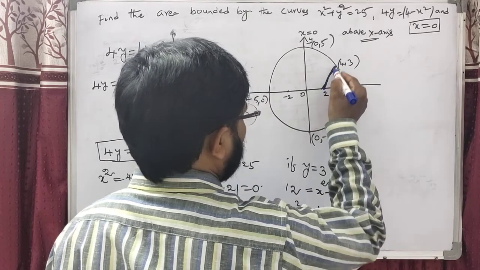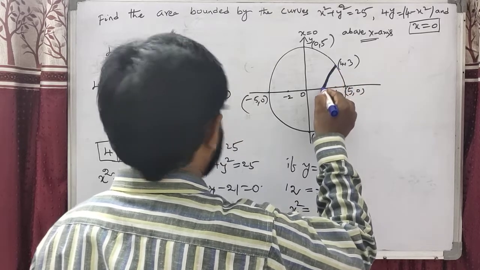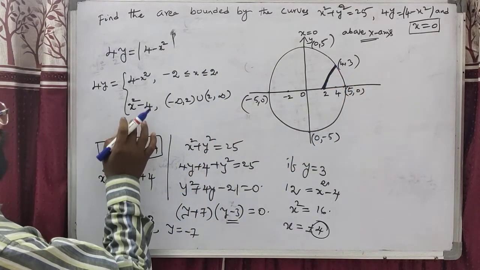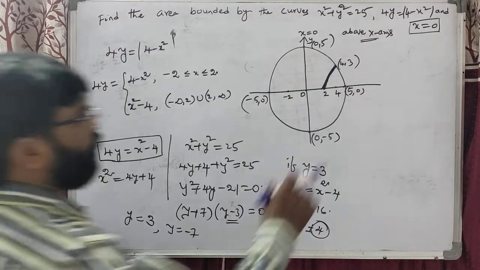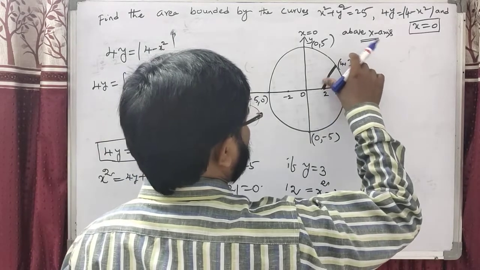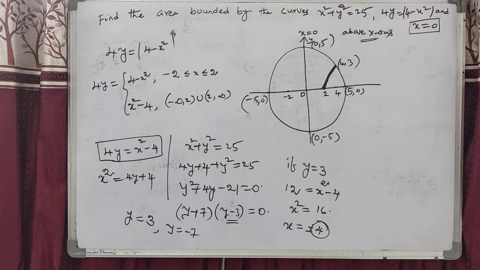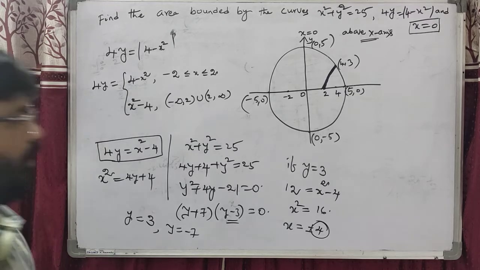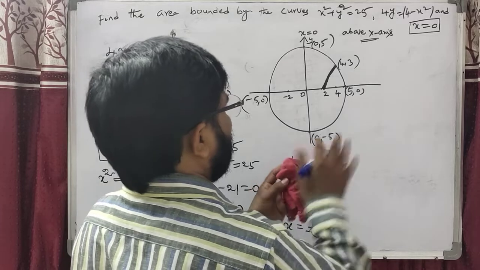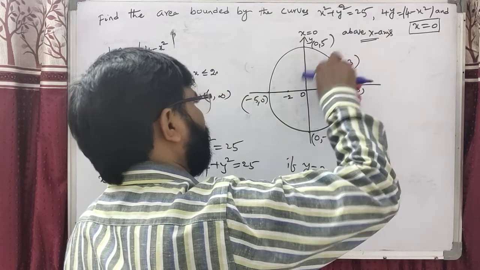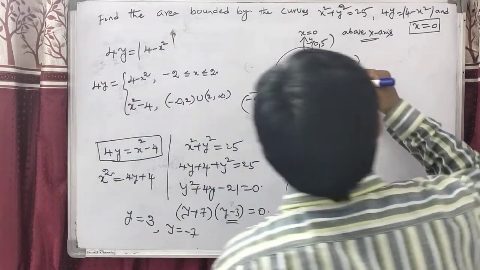Since x square minus 4 is also a graph, students, this is not a straight line. The x square is also a graph. Therefore, students, the graph we can write like this.